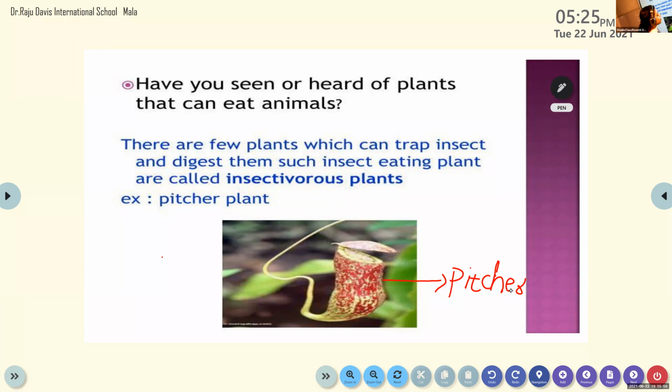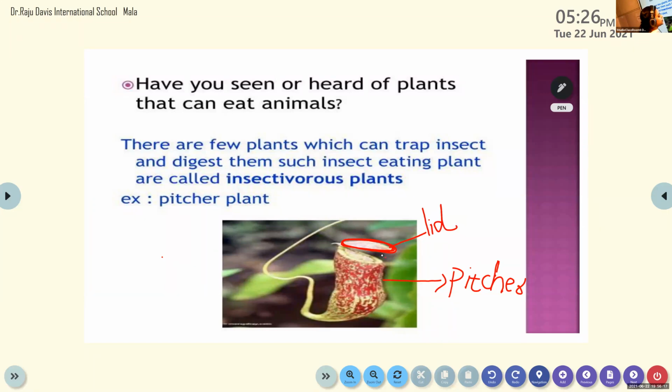And the apex of this leaf, that is the top portion of the leaf, forms a lid. That is acting just like a cap of a bottle. And this lid can open and close the pitcher.